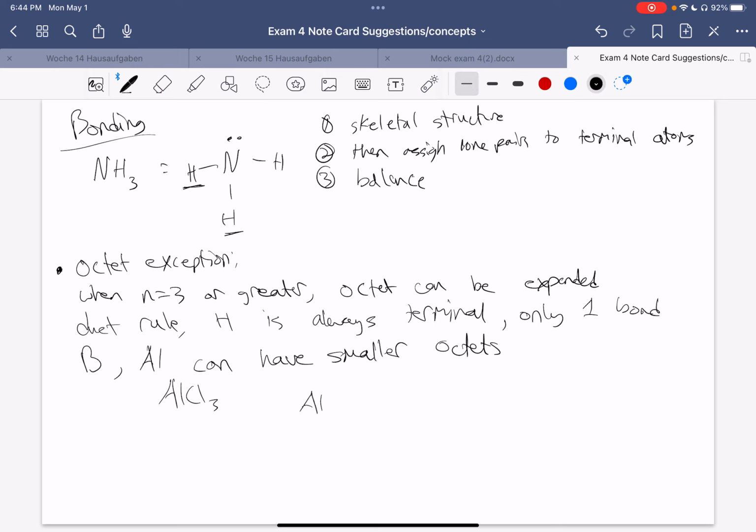We saw that one was just going to be, and that's the entire structure. Aluminum is just fine with only having three bonds or six electrons in its valence shell, and the same thing with boron.